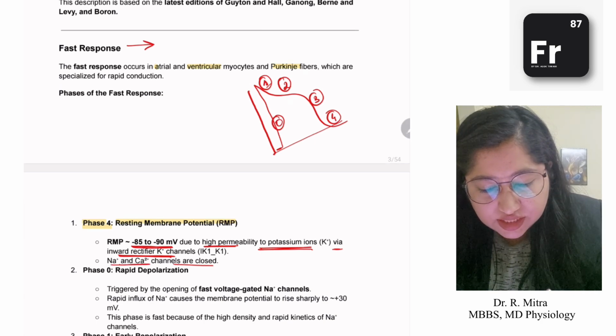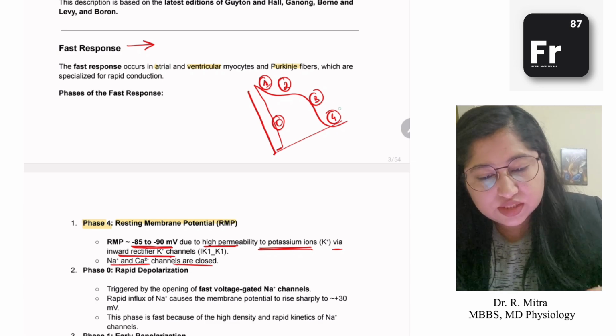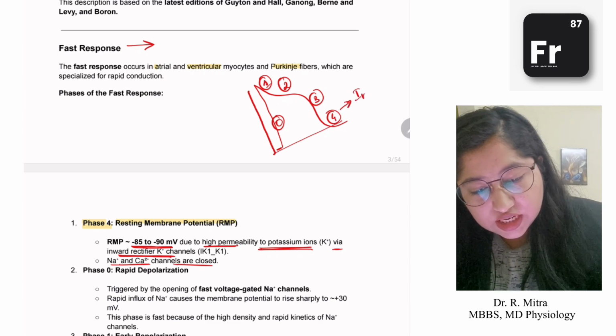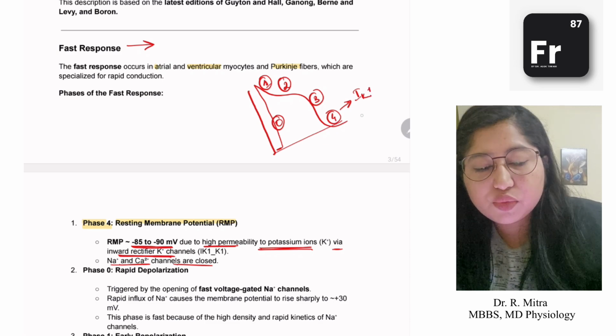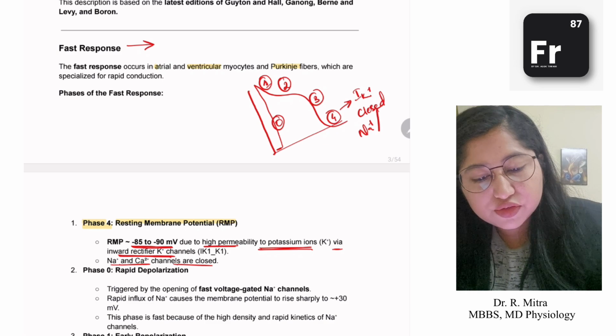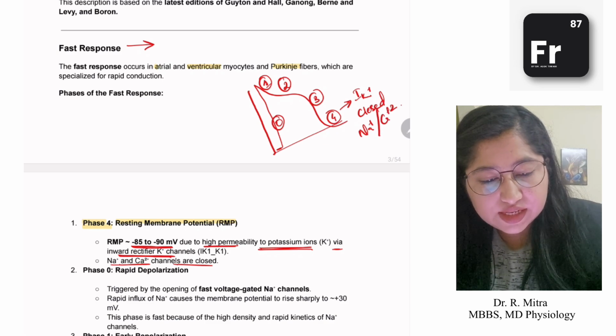The sodium and calcium channels are closed. So in phase 4, there is activation of inward rectifier potassium channels and there is closure of sodium and calcium channels.